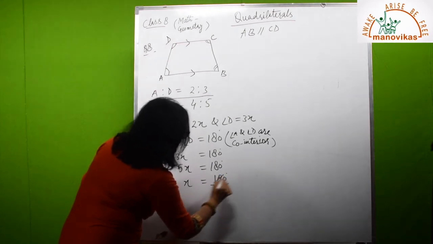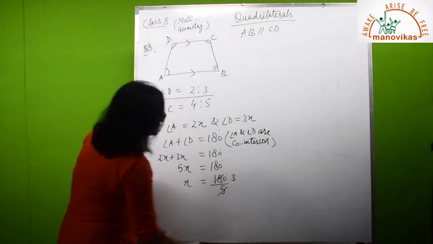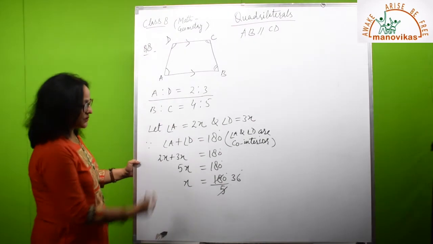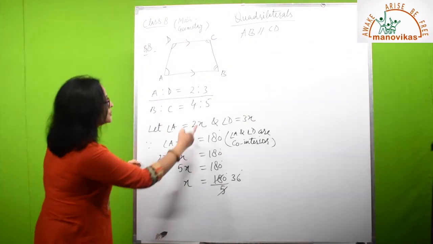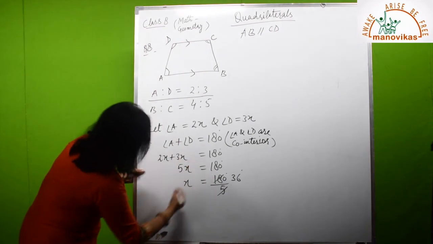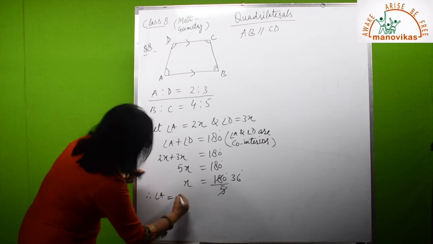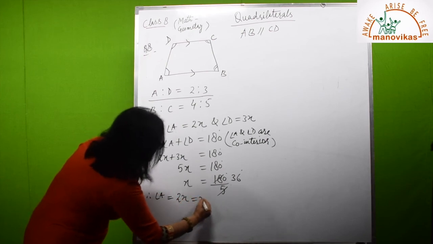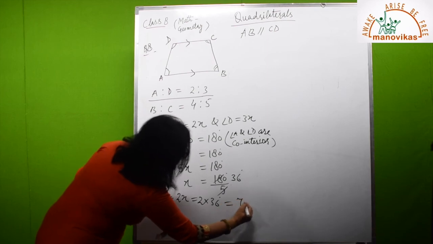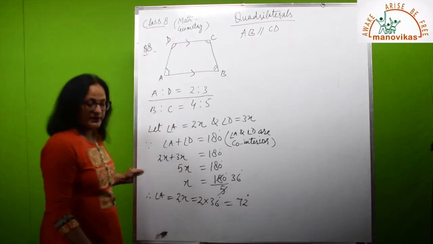You can cancel it: 5 threes are 15 and 5 sixes are 30. So x is equal to 36 degrees. In the same way, you will substitute the value of x here and we can find the measure of angle A and angle D. So angle A is equal to 2x, and in place of x, substitute its value. So 2 into 36 is equal to 72 degrees.